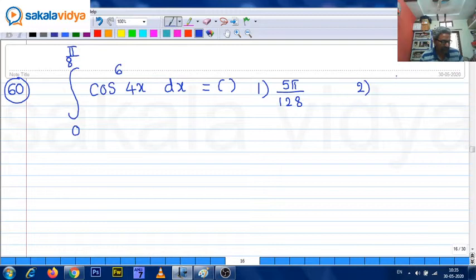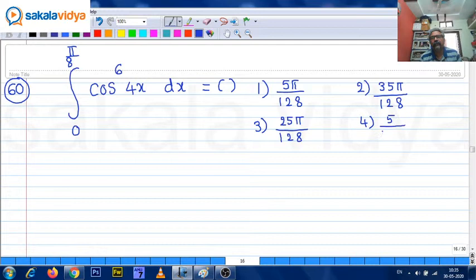Second option 35 pi upon 128. Third option 25 pi upon 128. Fourth option 5 upon 128. Okay. Yes, it's very easy to remember.